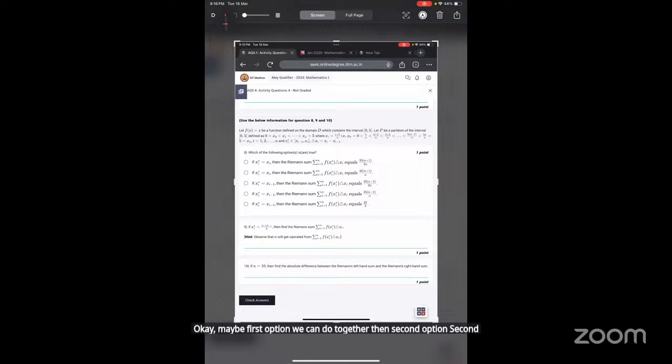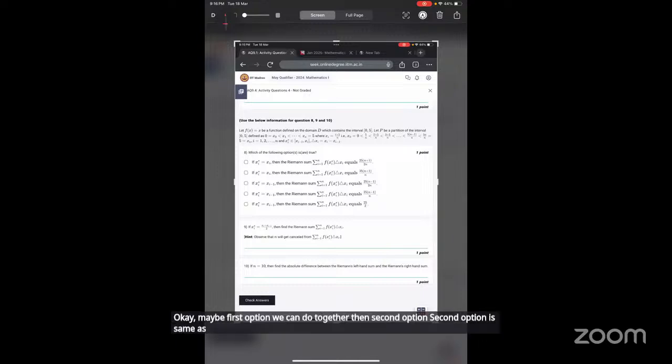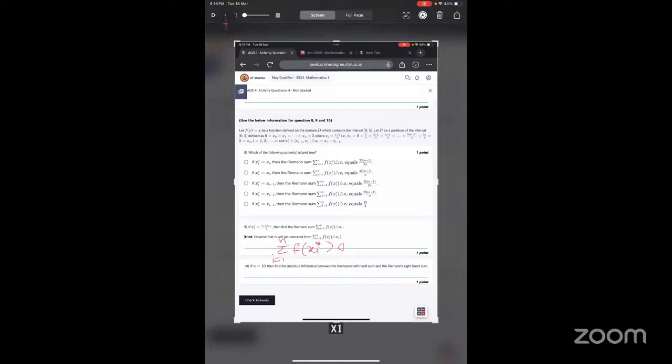is same as the first option maybe. Then the third option maybe you can try. Okay, so basically we have to calculate a Riemann sum. That means the sum from i equals 1 to n of f(xi star) delta xi. What is f(x)? This is x, right?